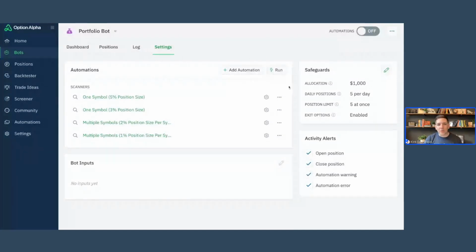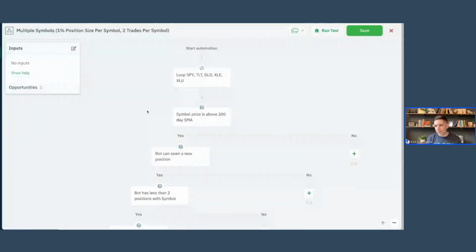Okay, so this is the last one. This automation is a little bit different. Follow along here. I have the same position loop that I had before. 5 symbols: SPY, TLT, GLD, XLE, XLU. I want 1% position size per symbol, right? So every time I enter a position, I want it to be 1% with a max of 2 trades per symbol.